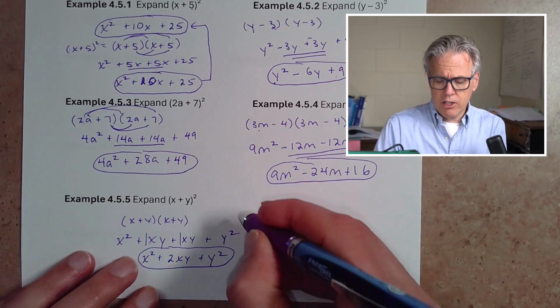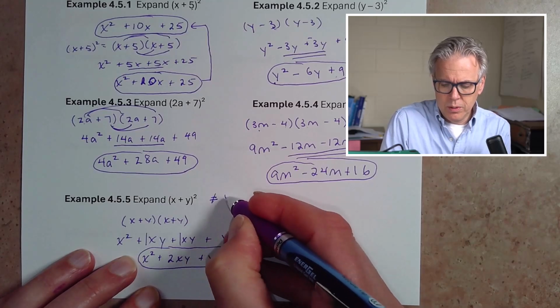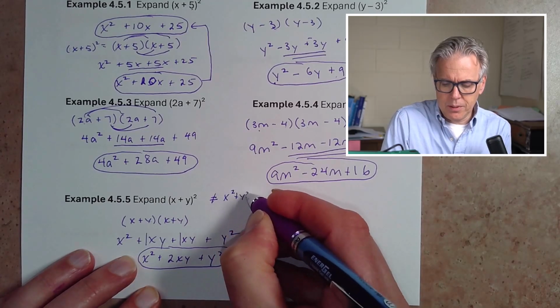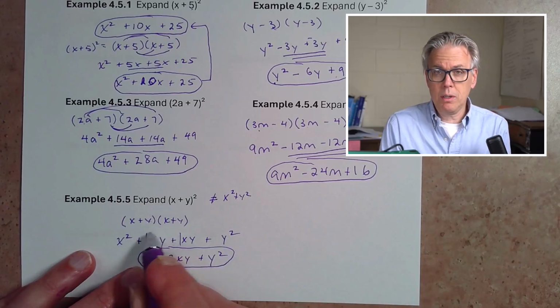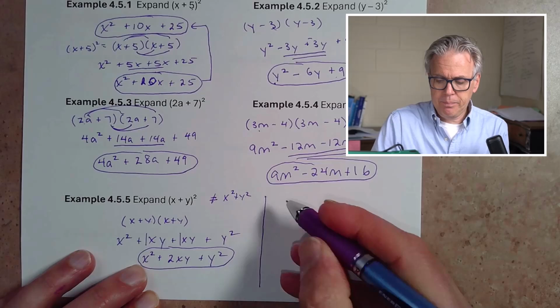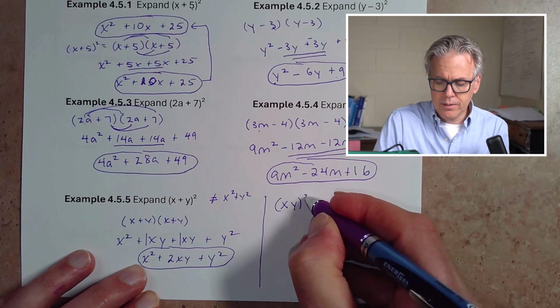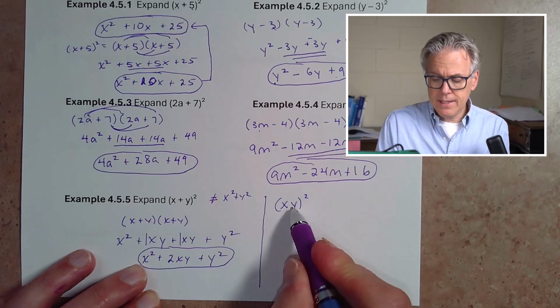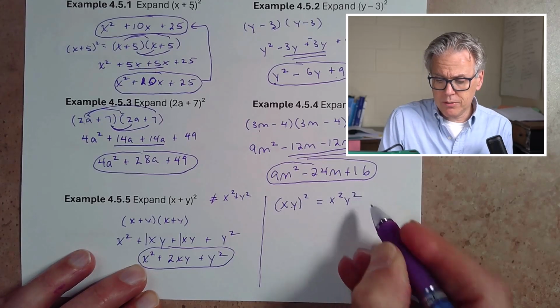Now, a quick digression on why does this not equal x squared plus y squared? For one, we can see that it doesn't, because when I do what squaring tells me to do, just multiply it twice, I don't get that. Unlike if I had x times y squared. So what does this tell me? Is this equal to x squared times y squared?